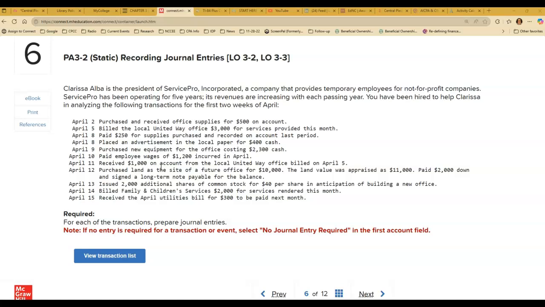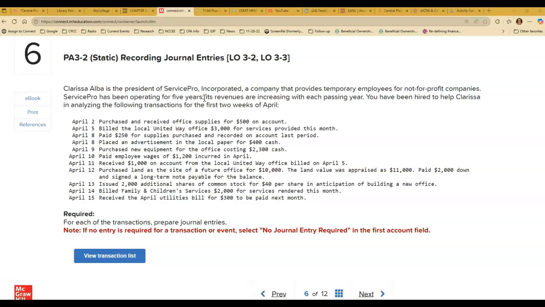So now that we understand how that works, now let's step into the problem. All right, so Service Pro, that's you. Okay? You have been operating for 5 years. Stop right there. What did they just tell you? Okay, but for the accounting side of it, you've got previous retained earnings, you've got existing balances in all of your accounts and everything else.